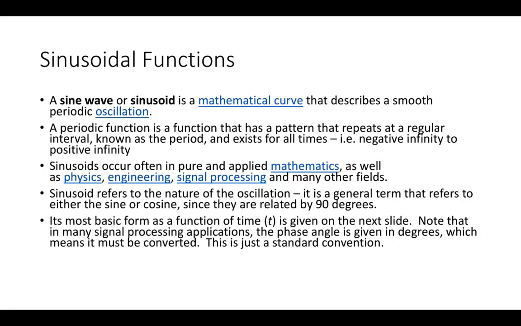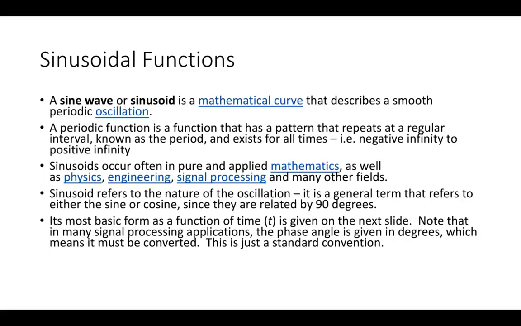Sinusoids often occur in pure and applied mathematics, physics, engineering, signal processing, and many other fields. They describe electromagnetic waves. They describe sinusoidally oscillating voltages, like the voltage that comes into your house. They describe vibrations and many other things that occur in nature.